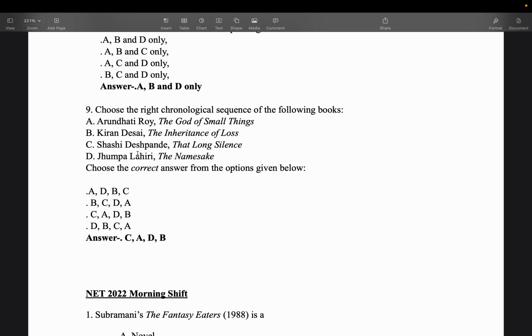Arundhati Roy, Kiran Desai, Shashi Deshpande, Jhumpa Lahiri. Shashi Deshpande is the oldest. Shashi Deshpande must come first, C. Then Arundhati Roy, then Jhumpa Lahiri and then Kiran Desai. Kiran Desai is the youngest.